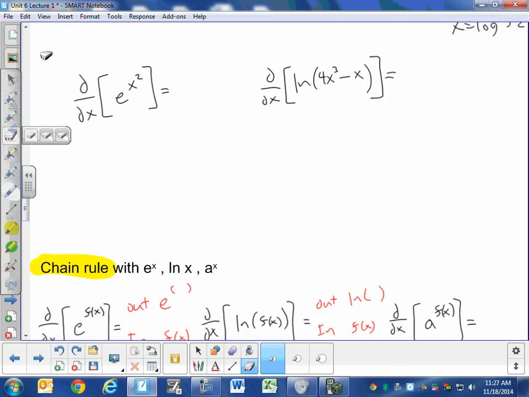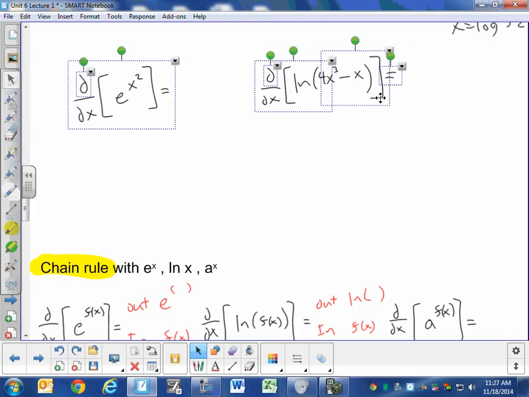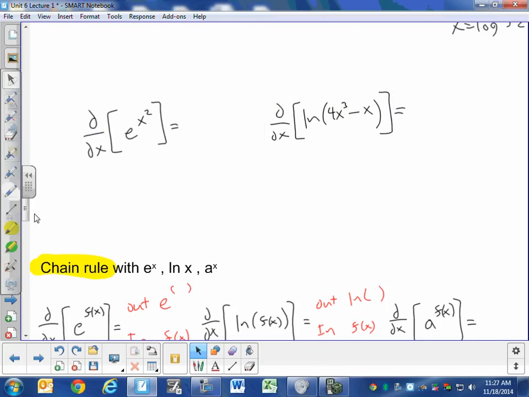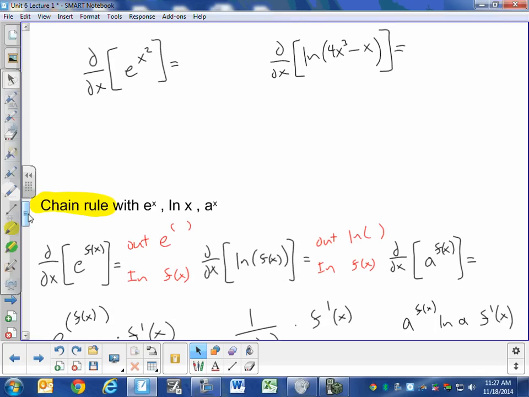So take the derivative of e to the x squared and take the derivative of log of 4x cubed minus x.